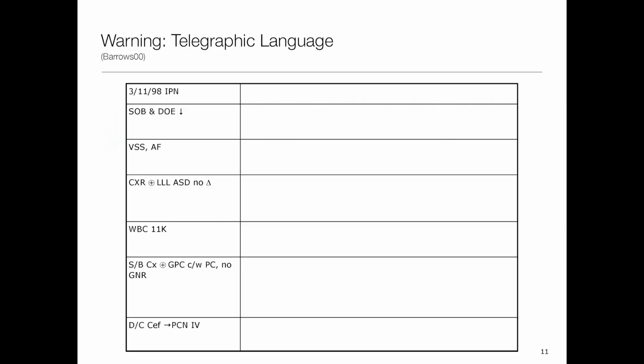So this was from an old paper by Barrows from 19 years ago, and he was reading nursing notes in an electronic medical record system, and he came up with a note which has exactly that text on the left-hand side in the nursing note, okay?